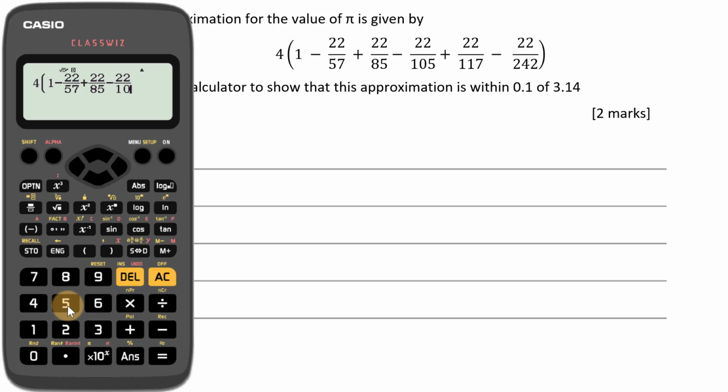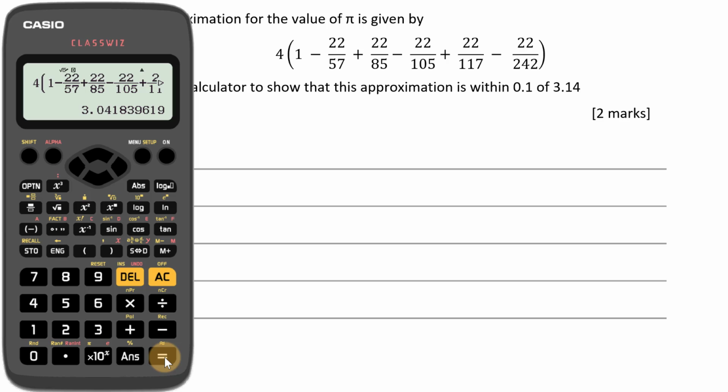Notice I'm using the arrow key to get me out of the fraction when I finish typing in. Plus 22 over 117 minus 22 over 242, close bracket.